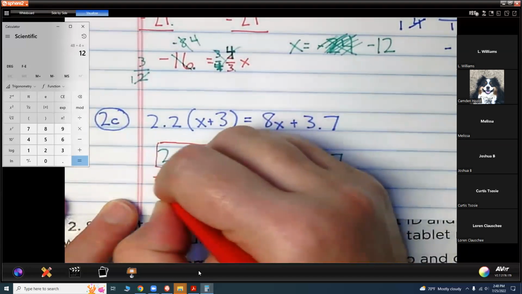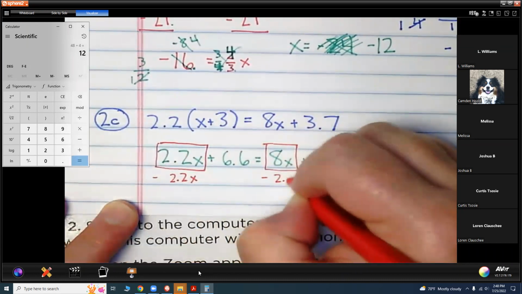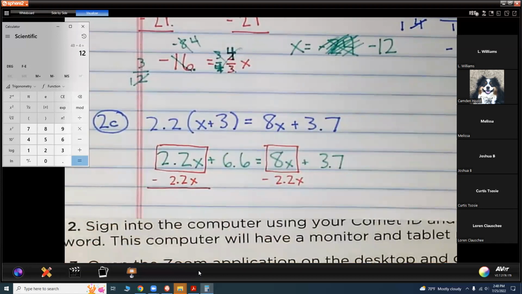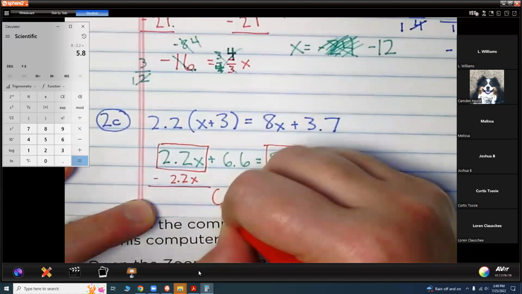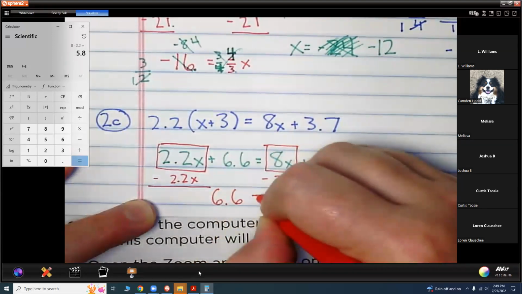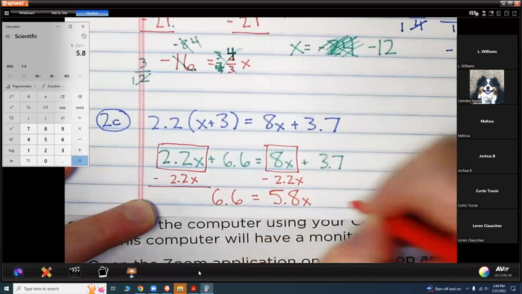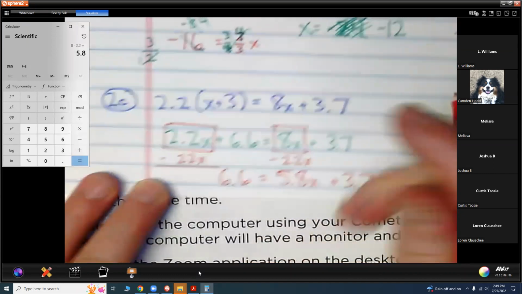So let's subtract 2.2x from both sides. 8 minus 2.2. I probably shouldn't try to do any more mental math here. Equals 5.8x plus 3.7.